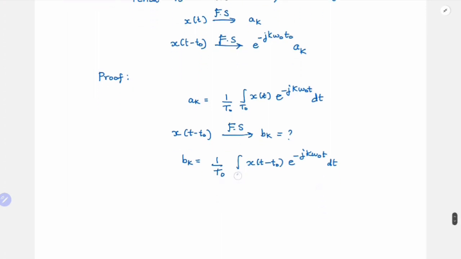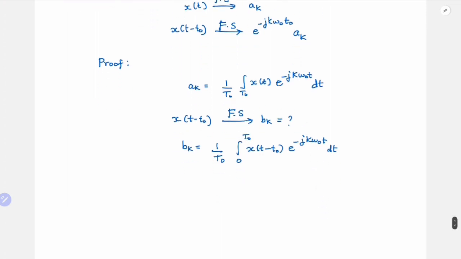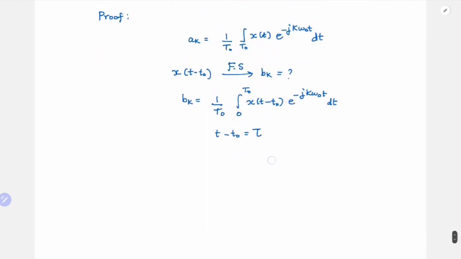Let's say the integral is from 0 to T0 for convenience. Now we can do a change of variable. So let's assume t minus t0 is some variable tau. Then dt is equal to d tau, and for t equal to 0, tau is equal to minus t0, and for t equal to t0, tau is equal to minus t0 plus t0.